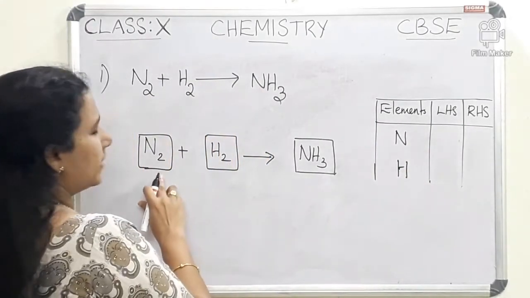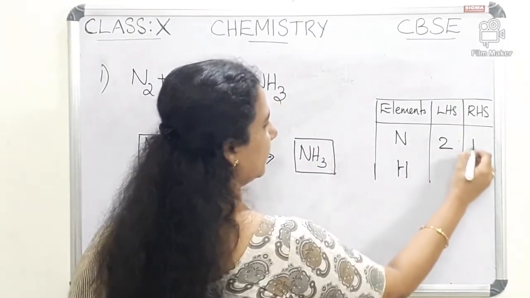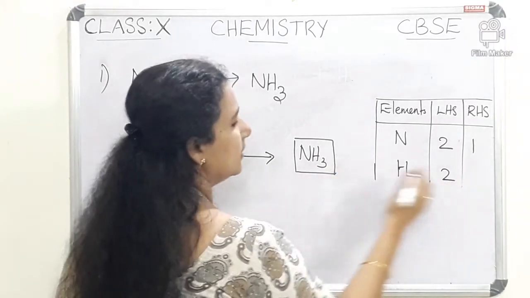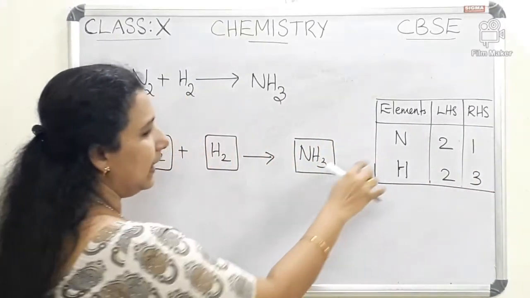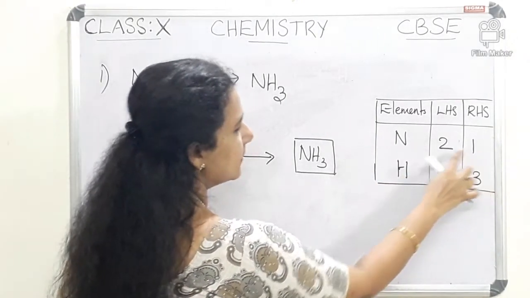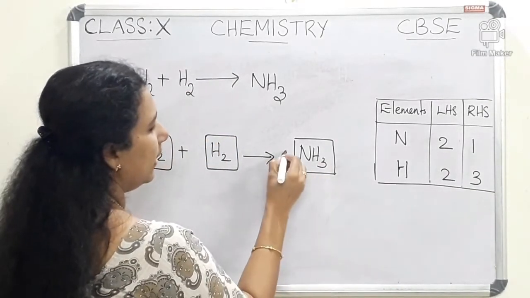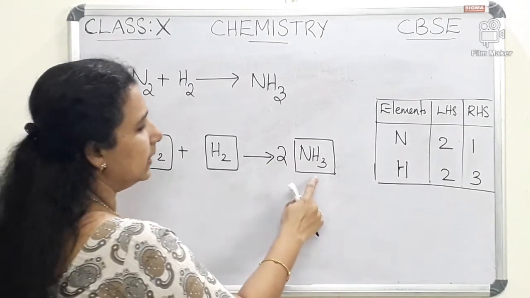Then LHS, nitrogen, number of atoms 2, here it is 1. Hydrogen, it is 2, here it is 3. First of all, balance nitrogen. We have to make the RHS 2. For that, we add 2 as a coefficient in the RHS.